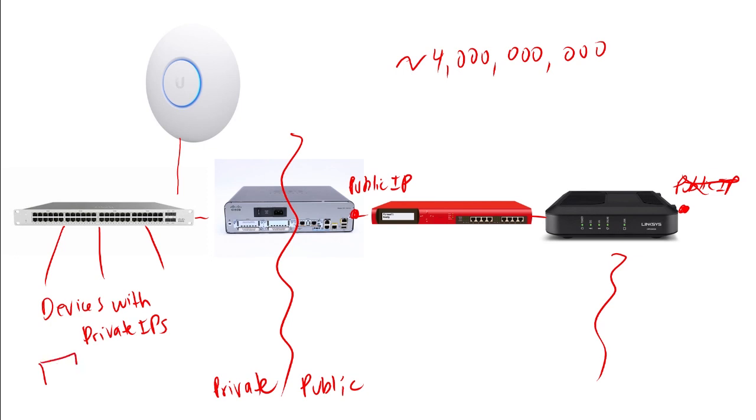So remember, I have a computer and I have a printer and I have a laptop, which is on Wi-Fi, and I have another device out here in the cloud, another destination.